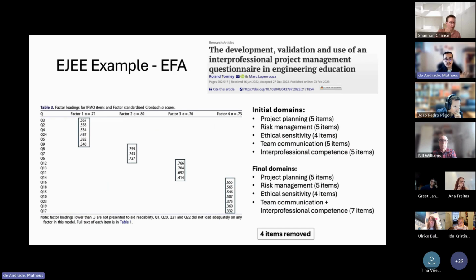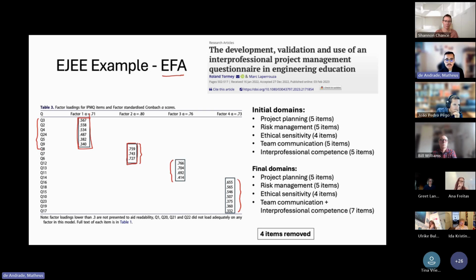In the last webinar, we gave an example of how surveys are developed, validated, and used. In this example, we showed that we might have several questions, several items in the survey. And when we do something called an exploratory factor analysis, these items group in clusters. And these clusters represent the dimensions of measurement.